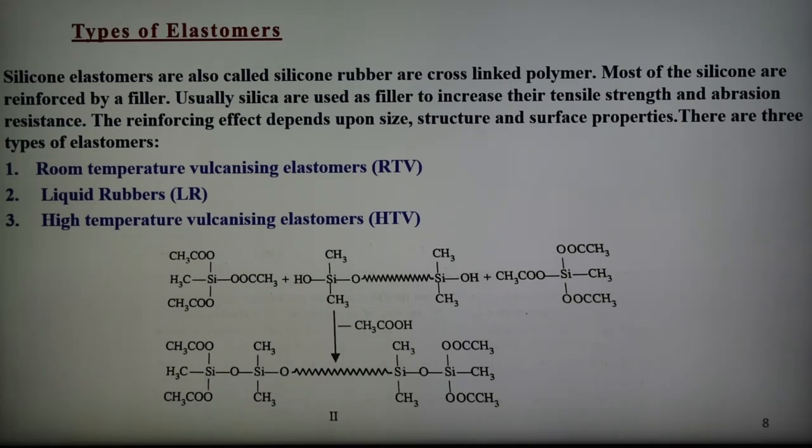When, for example, methyl triacetoxysilane is mixed with the silanol terminated silicon, reaction occurs to give stable acetoxy terminated polymer 2. When this product 2 is exposed to moisture, some of the acetoxy groups are hydrolyzed to silanol groups, which then condense with the remaining acetoxy groups to give the cross-link material.